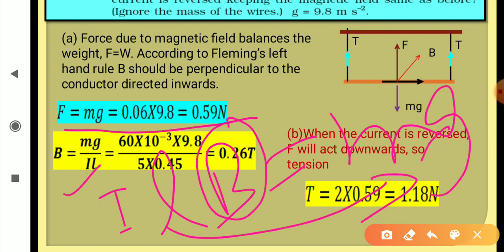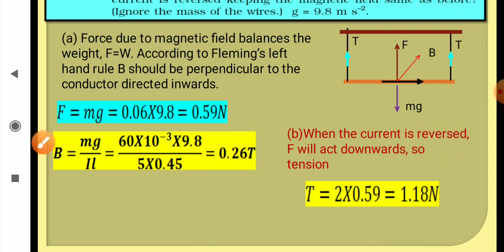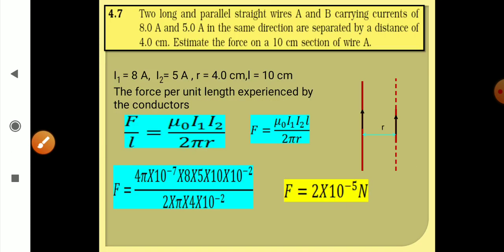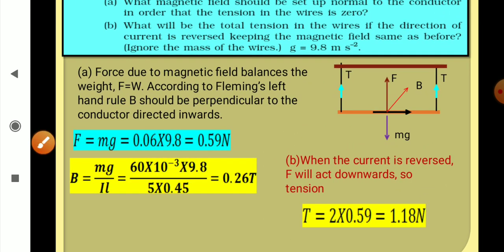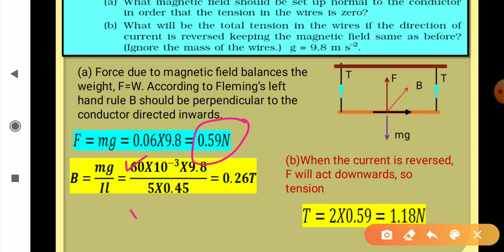So B is equal to mg upon IL. Put the values of mg and all that. We have found out mg already, and I is 5 ampere and L is 0.45 meter, and you get 0.26 Tesla.